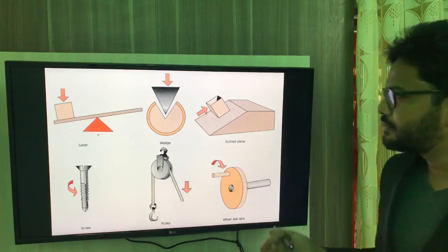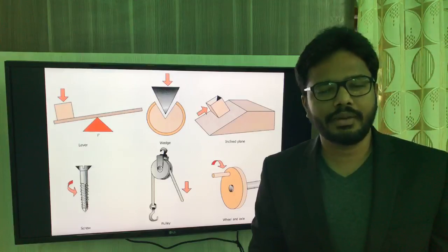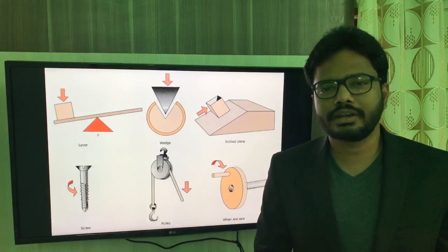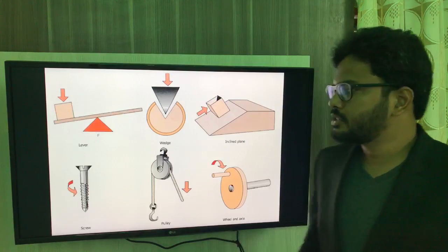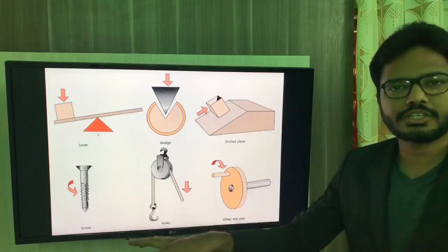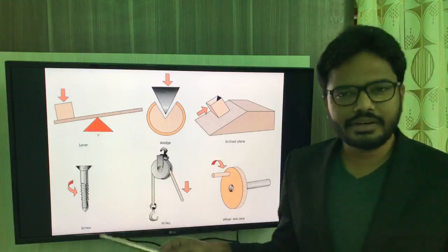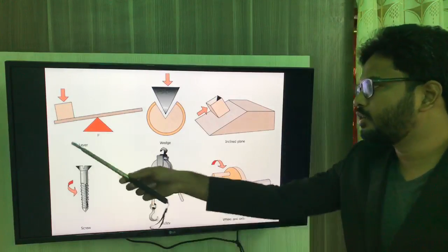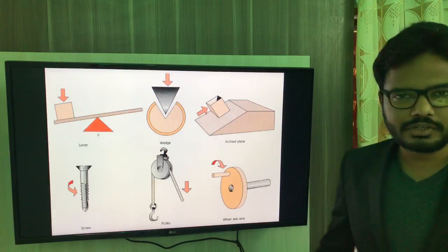Of all these machines, lever and inclined plane should be avoided, as there can be abnormal forces acting, damage to soft tissues, or lack of retention or stability of your removable partial denture. So we have to minimize this and make sure that we don't incorporate them as much as possible. So the machine designs which are not favorable for a removable partial denture include lever and inclined plane. That's the point which I wanted to make.